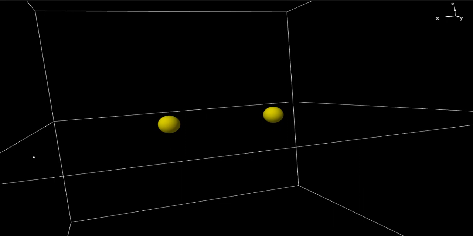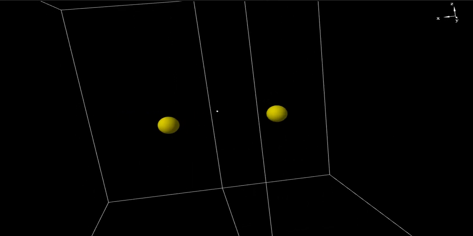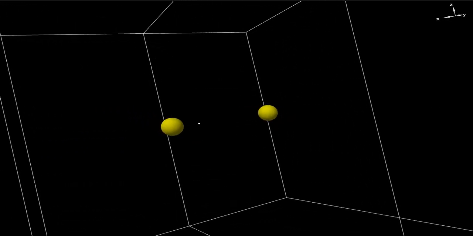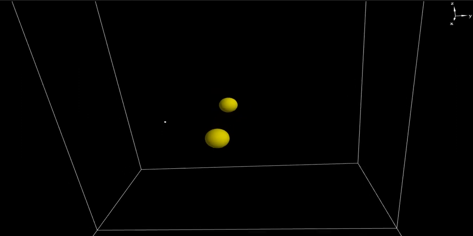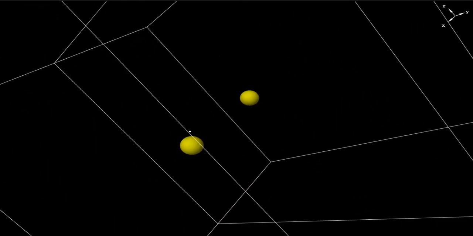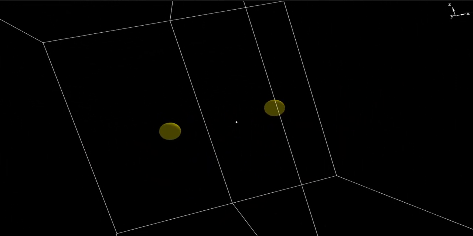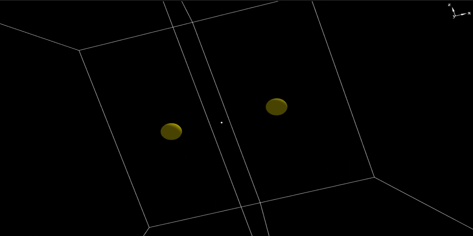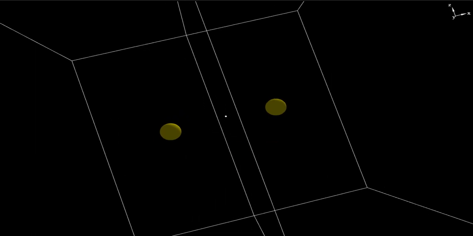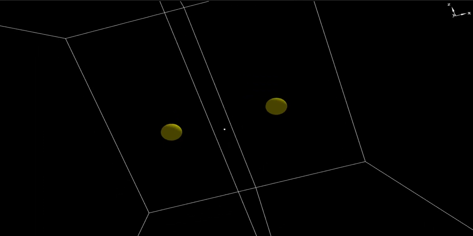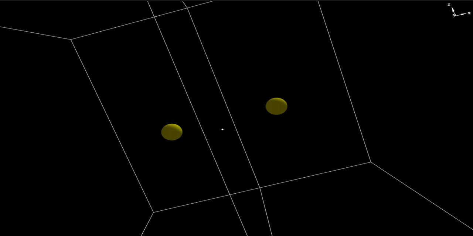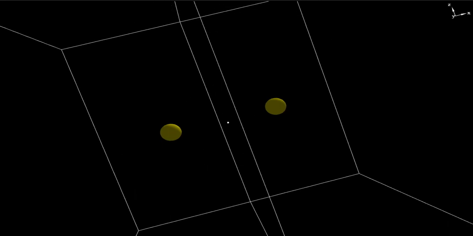So let me show you the equatorial plane. Yeah, there you go. This plane is the equatorial plane. I hope you can see the equatorial plane over here. This one on the left is the positive charge, and this one on the right we have the negative charge.